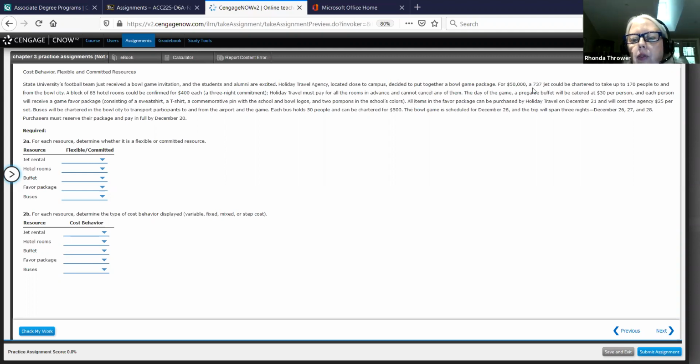For $50,000, a 737 jet could be chartered to take up to 170 people to and from the Bowl City. A block of 85 hotel rooms could be confirmed for $400 each. A 3-night commitment. Holiday travel must pay for all the rooms in advance and cannot cancel any of them.